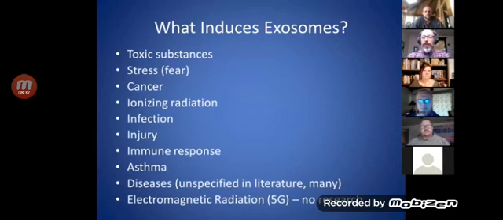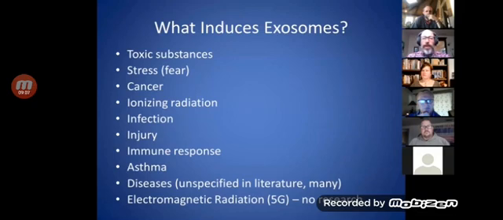So what is it that causes us to make more of these exosomes and throw them out into our circulation? It turns out that almost every type of insult to the body would cause this process to occur. So toxic substances, and I found several papers looking at this. Some of them looked at environmental toxins, such as heavy metals like arsenic, and organic chemical toxins.